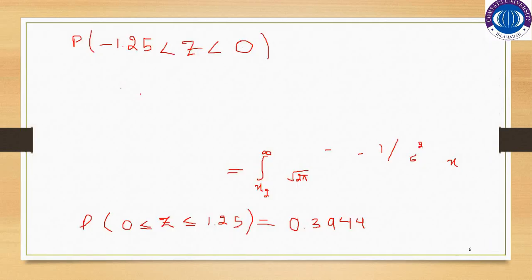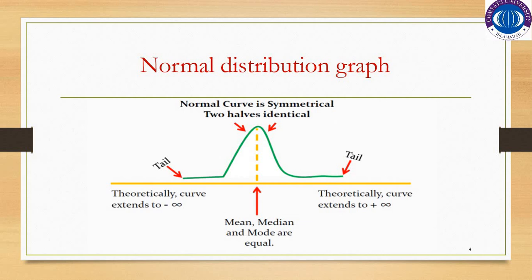So if you go back to the 4th slide, what is written here: the normal curve is symmetric, and the 2 halves are identical. This part is exactly identical with this part. If this is the standard normal curve, its mean should be 0 and variance should be 1.